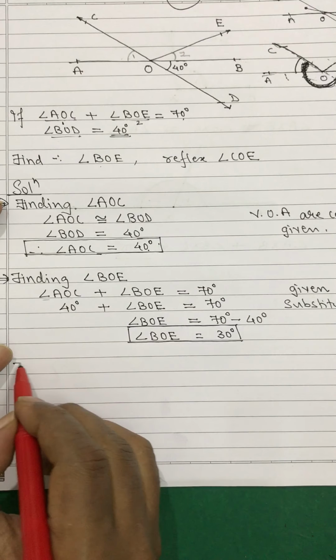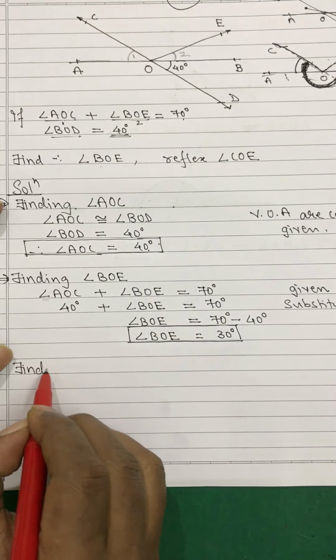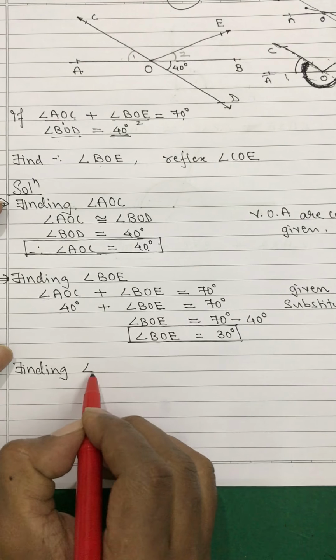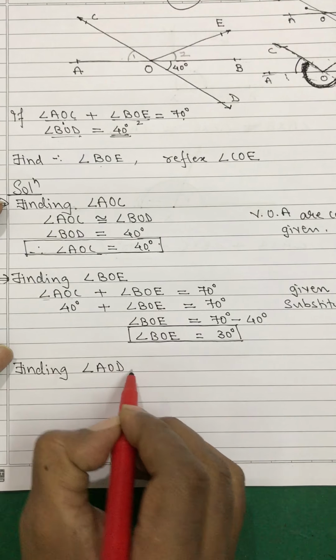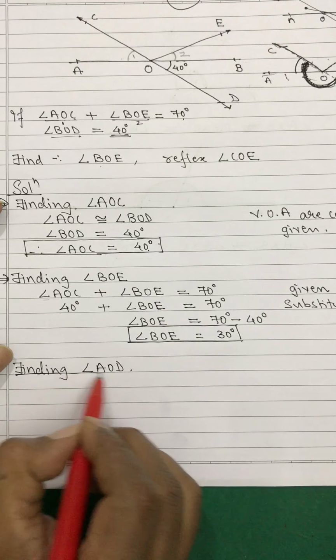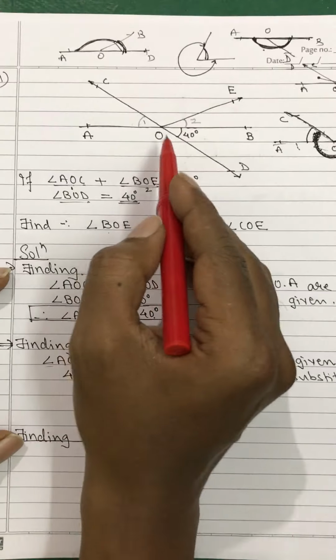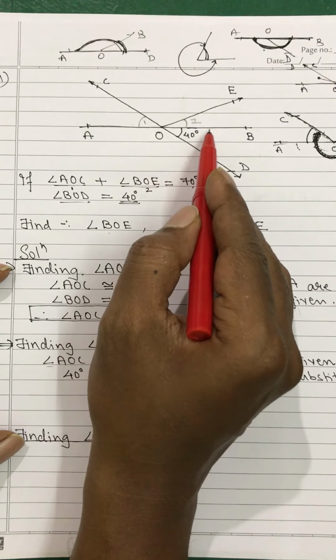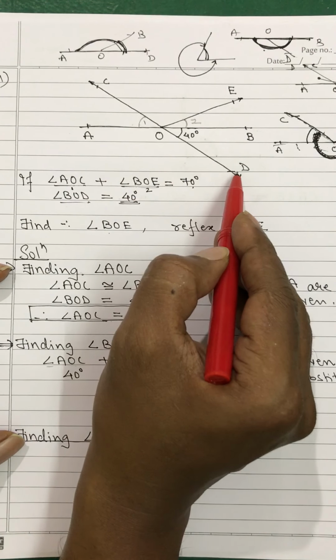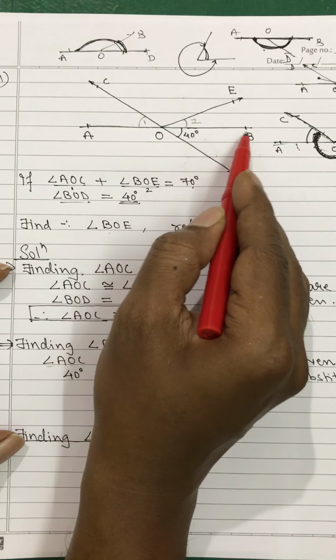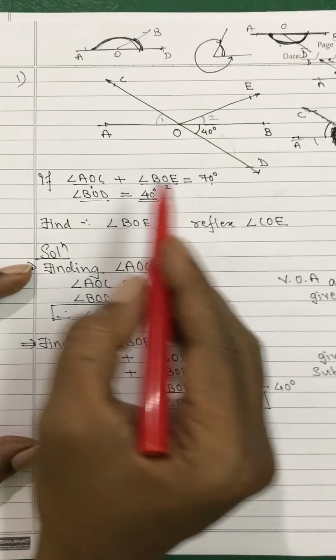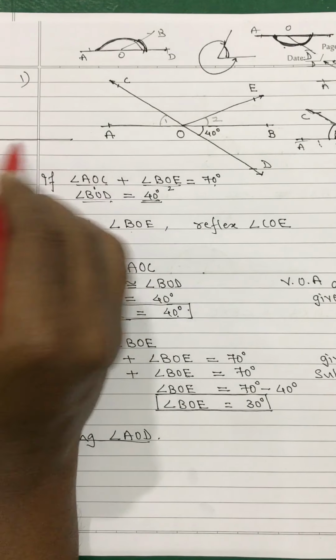So, finding angle AOD. Here now we know angle AOD. For that you will be using angles in linear pair. Angle AOD plus angle DOB is equal to 180 degrees. Are you getting? See, I make it again.